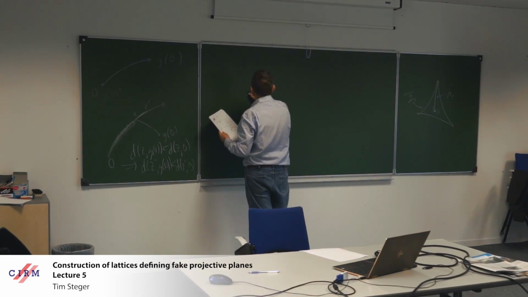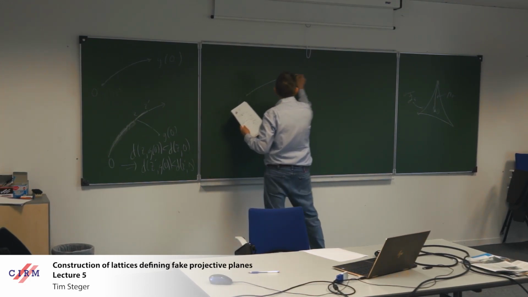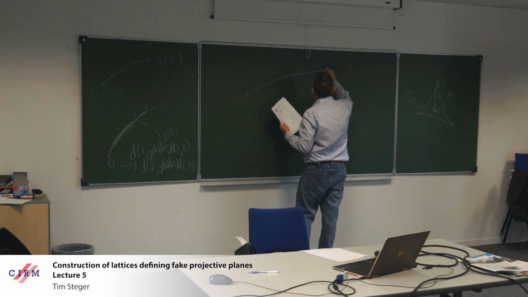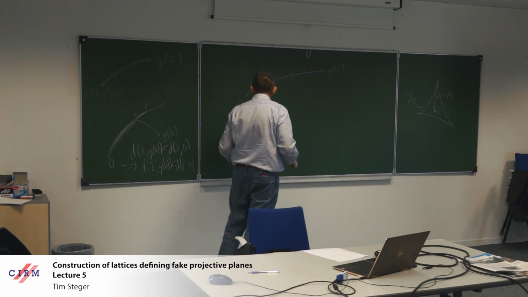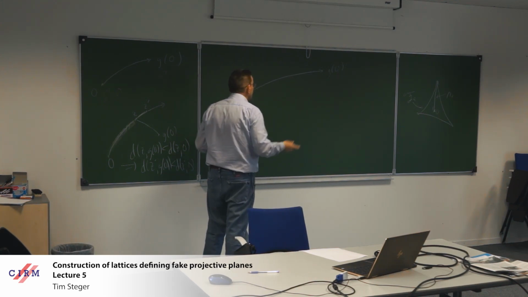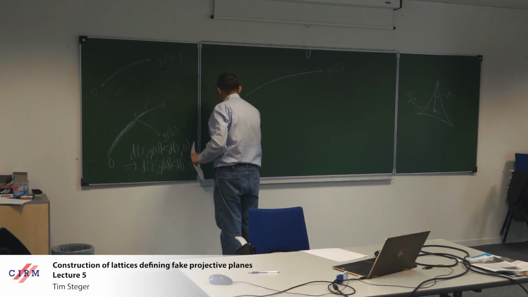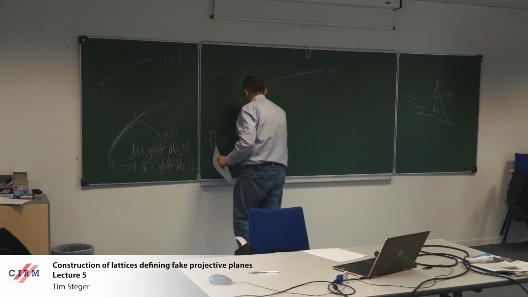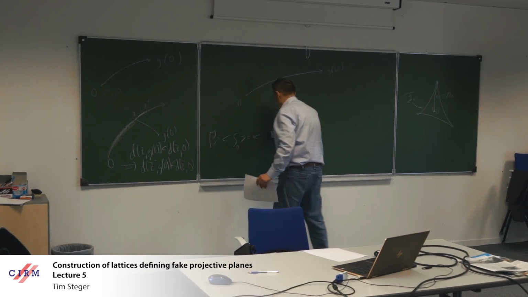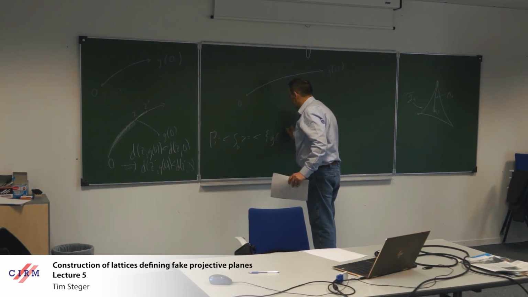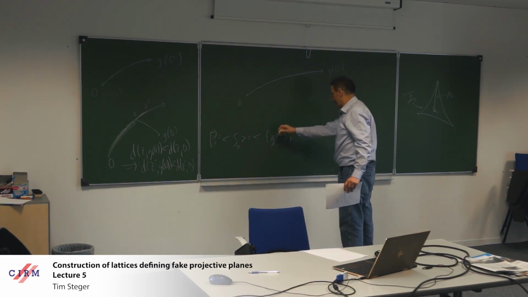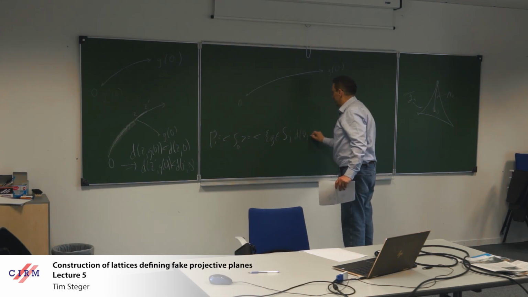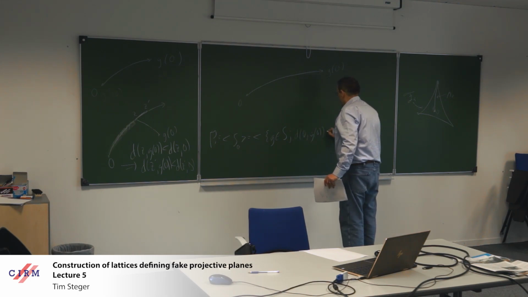Okay, my objective was to prove that gamma is generated by S0, which is to say it's generated by elements of S that have size smaller than 2r0.